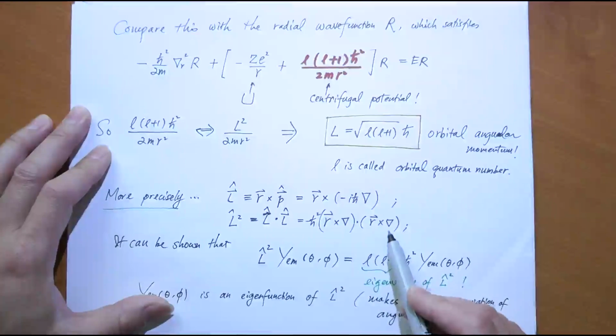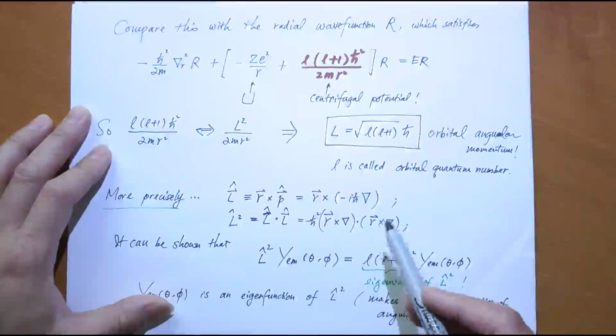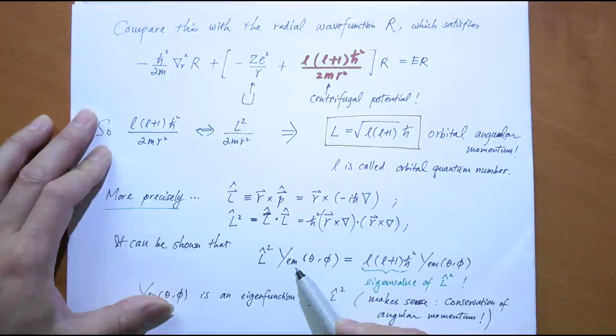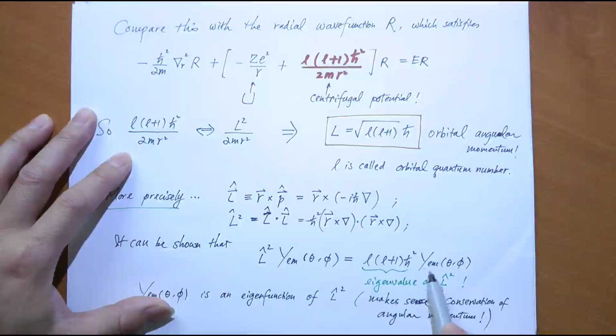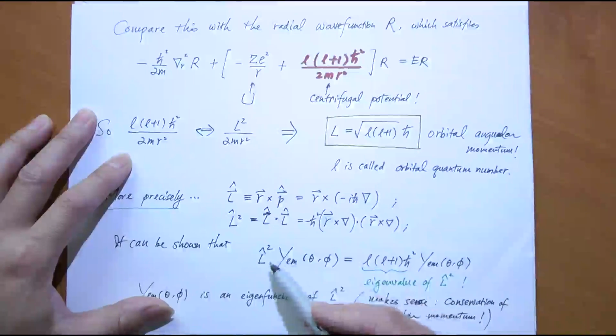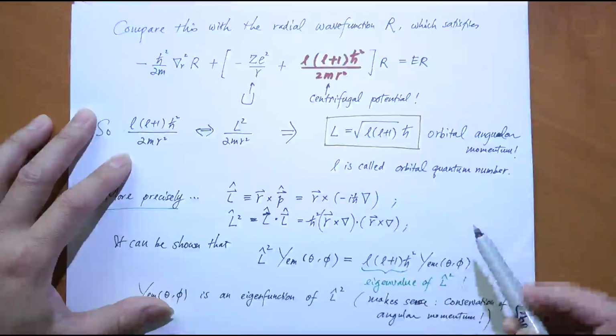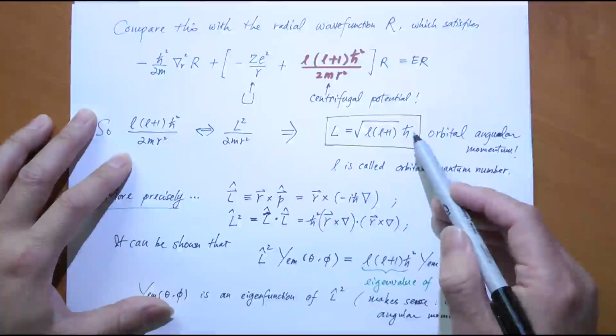Now it takes a little bit of effort to work this out, but if you take this result and apply it to the spherical harmonics, YLM, you will find that indeed you get a constant times the same function itself, which means this is indeed an eigen equation for L squared. YLM is the corresponding eigenfunction, and this thing here is the corresponding eigenvalue for L squared. Therefore you take the square root of both sides, and you find that the eigenvalue for L is the square root of L times L plus 1 h bar.